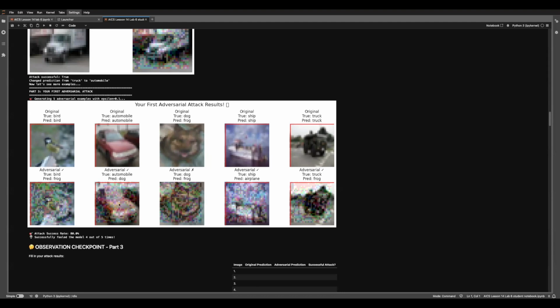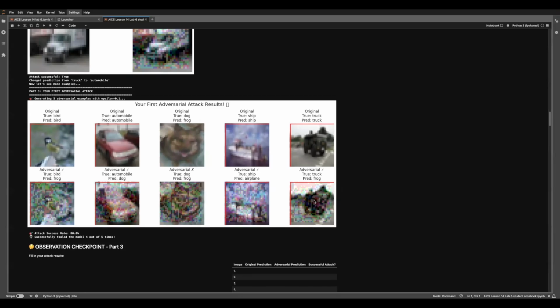I'm a human, so I have a better processing wetware that takes care of that. But again, it changes the prediction. So then same thing. My original says it's a dog, it predicts a frog, so it was wrong on that. And it's the same thing, right? Ship, airplane, truck to frog.